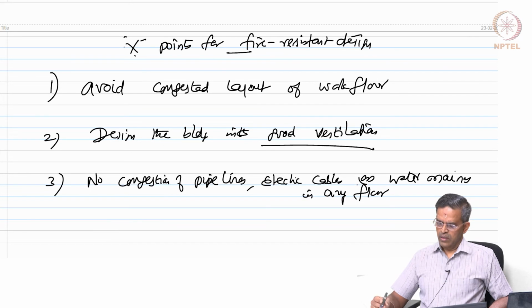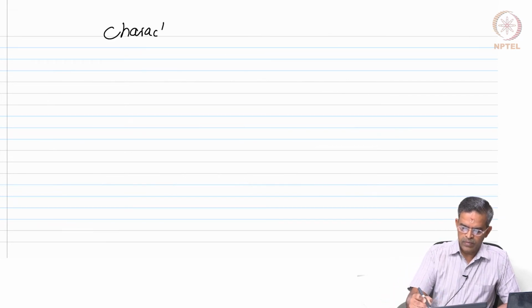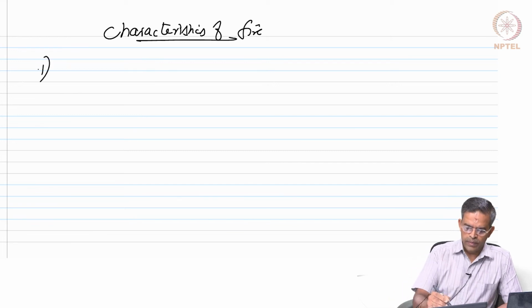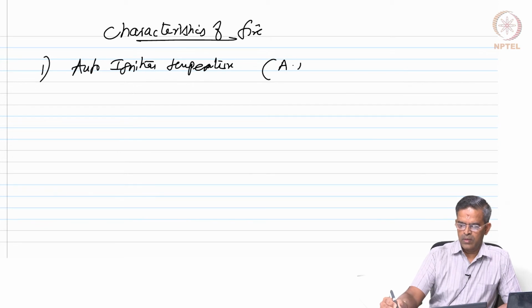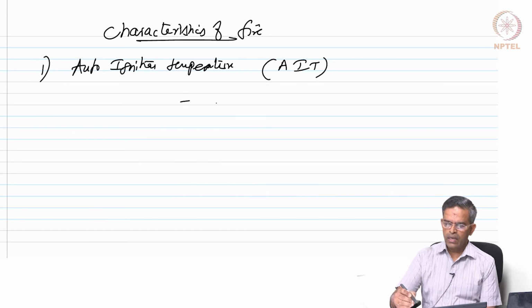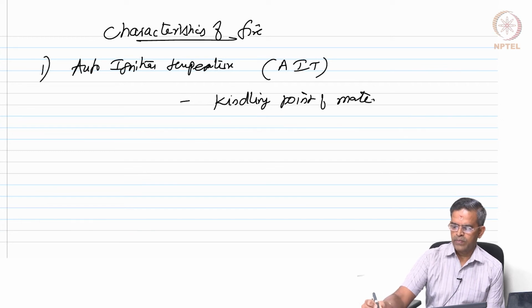Now, let us see what are important characteristics of pipe. One is what we call auto ignition temperature, AIT. It is also called as kindling point of materials.